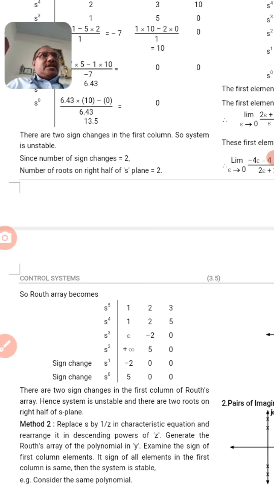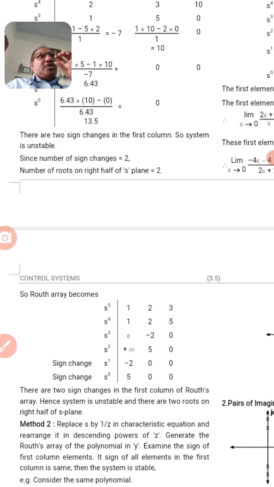From this output upon input equation, we take its Laplace transform, and that is in the form of G(s) upon 1 plus G(s) into H(s). Again, the denominator plays an important role.